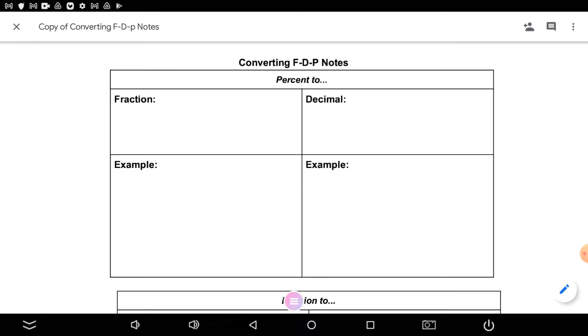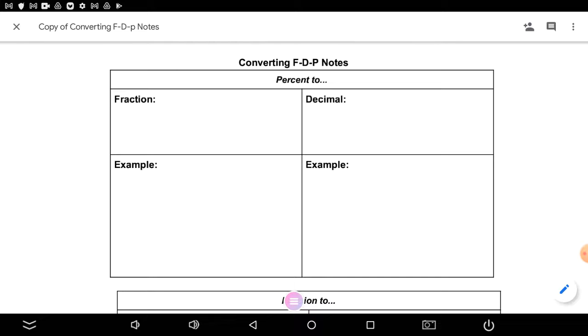What we're doing today and tomorrow, we're starting lesson 10 notes, but they're kind of long. It's not that it's hard, it's just the notes are all kind of lengthy. Same thing with today. So we're going to learn how to convert fractions, decimals, and percents today. You already know some very common fractions, decimal, and percent conversions.